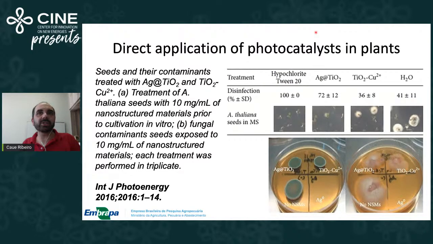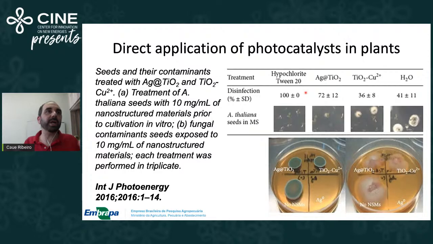And it is very interesting to observe that this effect is clearly seen depending on the contaminant that we have in Arabidopsis thaliana seeds in that paper, which leads to disinfection of the system at a good level compared, for instance, to the hypochlorite solution, which is a standard method.